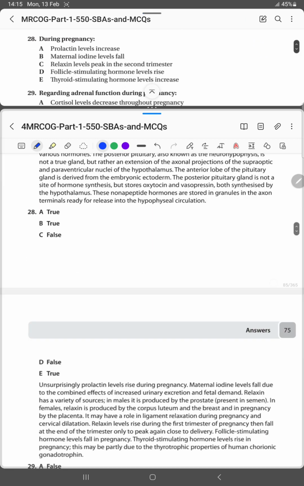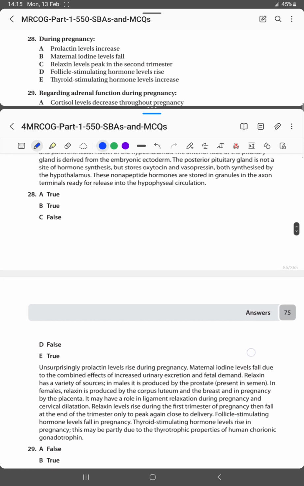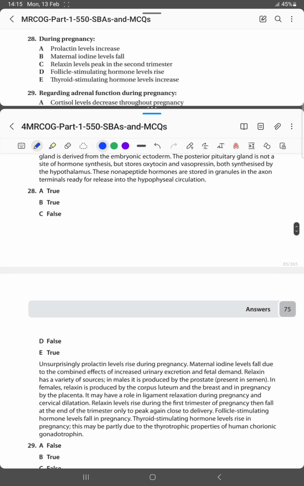It is regarding pregnancy. Prolactin levels rise during pregnancy, and the maternal iodine levels fall due to the combined effect of increased urinary excretion and fetal demand.